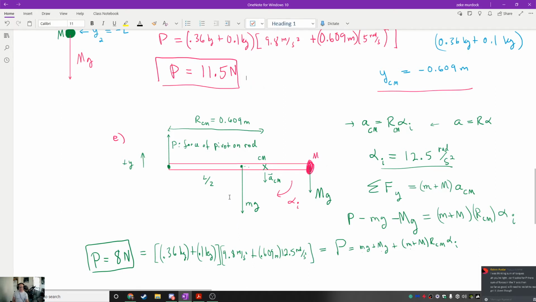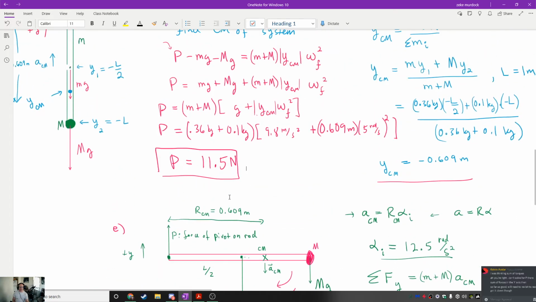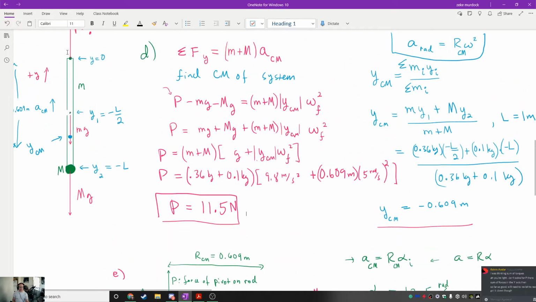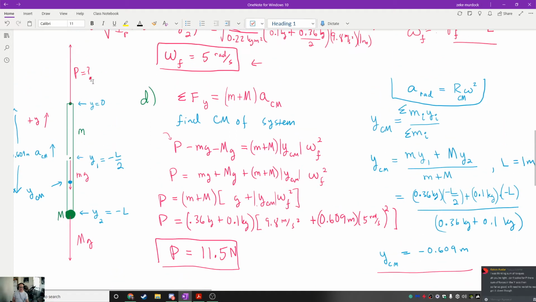I think it makes sense that the force would be bigger when it's vertical, because now the pivot force has to do basically three things. It has to support each of these weights, right? And it also has to support the fact that the rod is swinging, which means it has circular motion, which means radial acceleration.